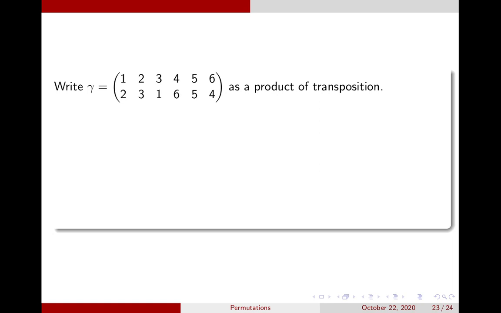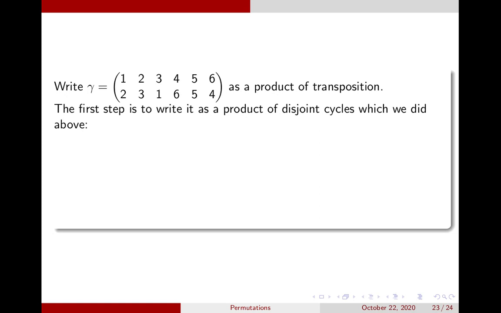Why don't we try taking a permutation in matrix form? So here is a gamma in S6, and we want to write this as a product of transpositions. Well, the first step is to write it as a product of disjoint cycles, which we did earlier in this video. We saw that gamma is the cycle (1 2 3) times the cycle (4 6).